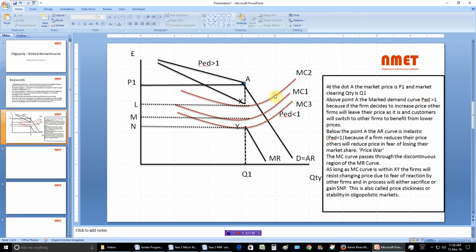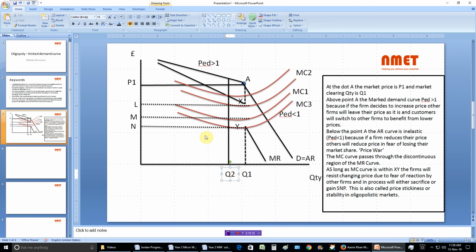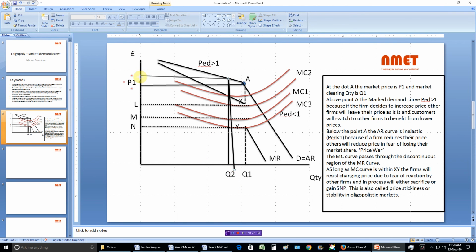If the marginal cost curve even breached the marginal revenue curve, what we'll say is that in the situation we were explaining, let's say over here, the quantity lost is higher as compared to the change in price, which proves the theory that the demand above the PD is elastic.